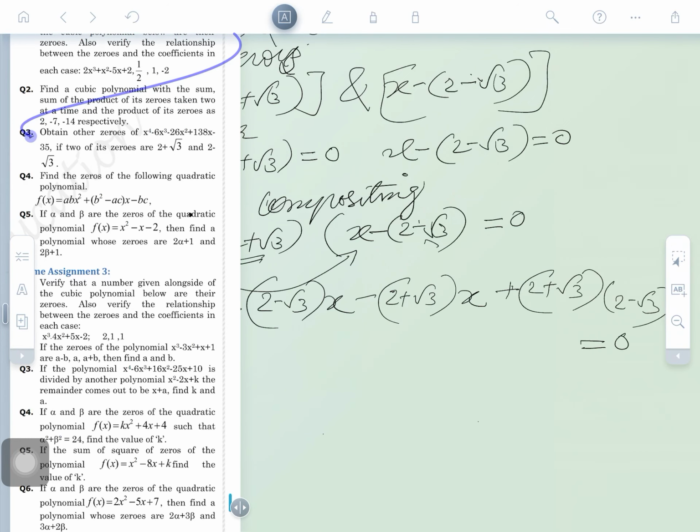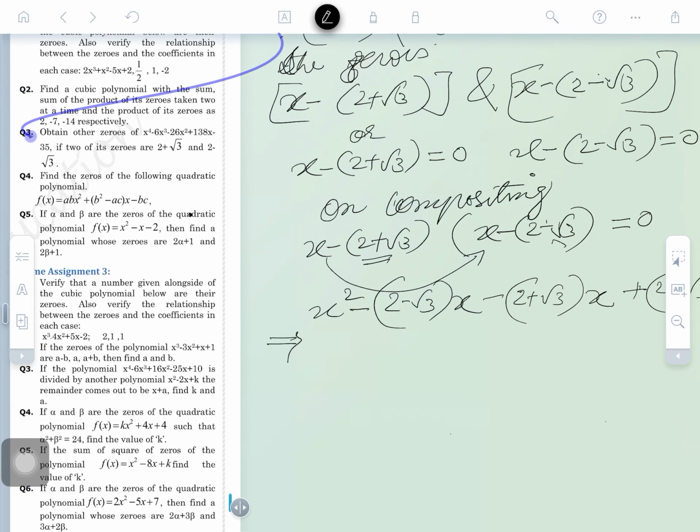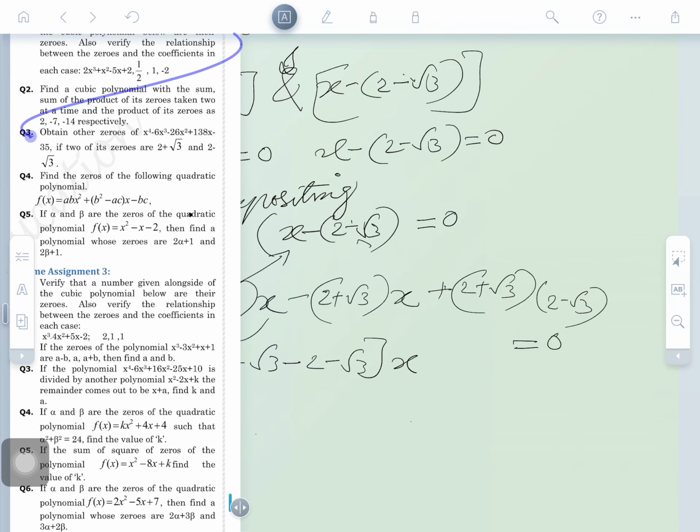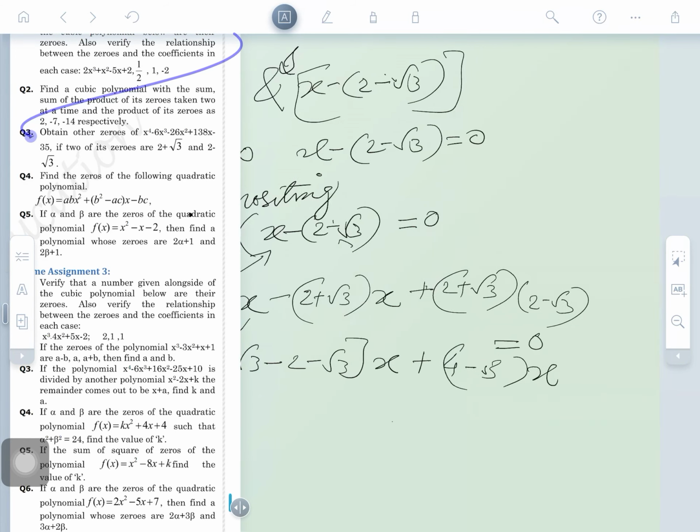So further the expression is to be solved. Look, x square here, and x can be taken common, here it will be 2 minus root 3 minus 2 minus root 3, and outside x is there, clear. Next, as a product and sum they are coming, a plus b, minus a square and b square, and outside there is x, clear.